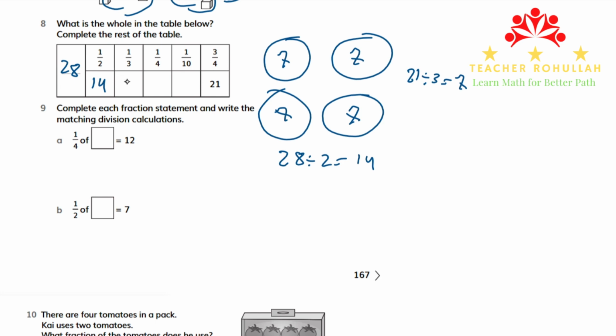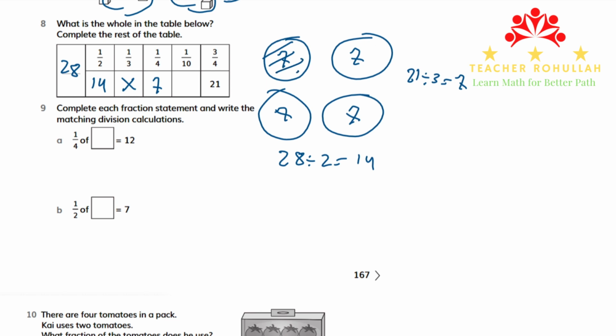We cannot have 1/3 of 28 because 28 is not a multiple of 3, so 1/3 of 28 cannot be a whole number. But 1/4 we can have. 1/4 of 28 is 7, which is already given here.